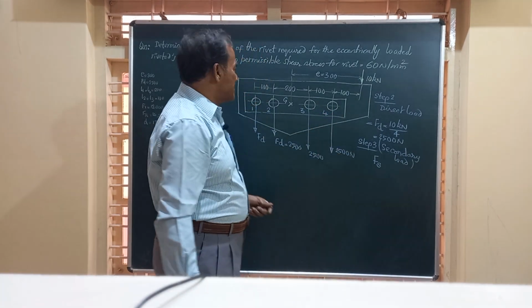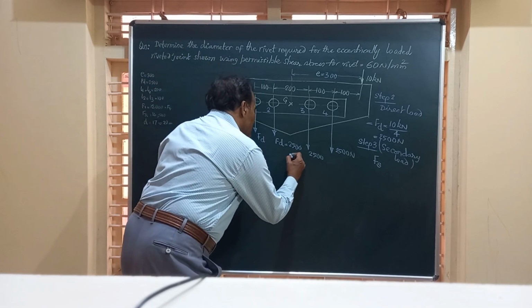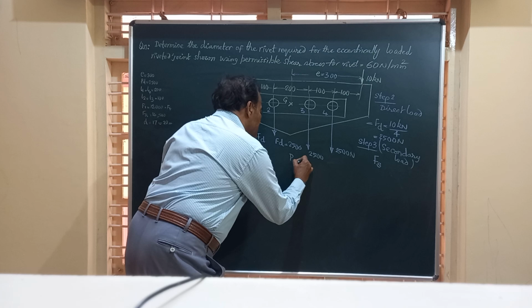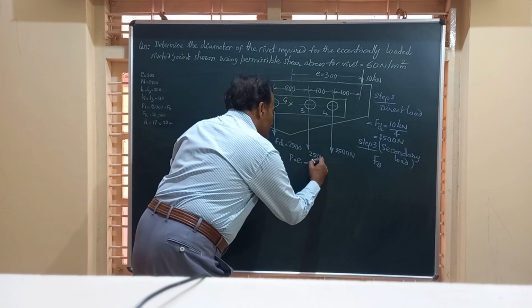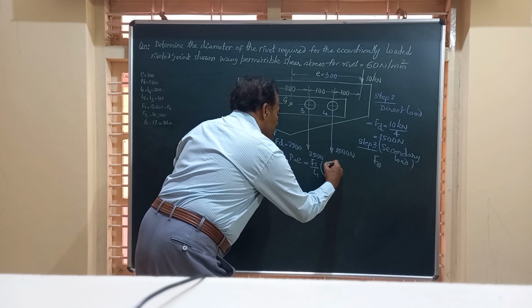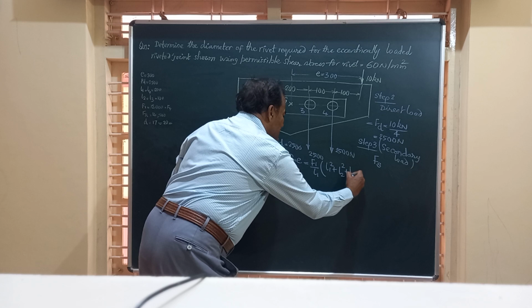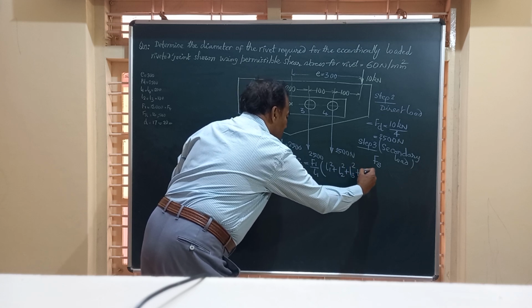To find this secondary load, we have an equation: P into E is equal to F1 by L1 multiplied by (L1 square plus L2 square plus L3 square plus L4 square).